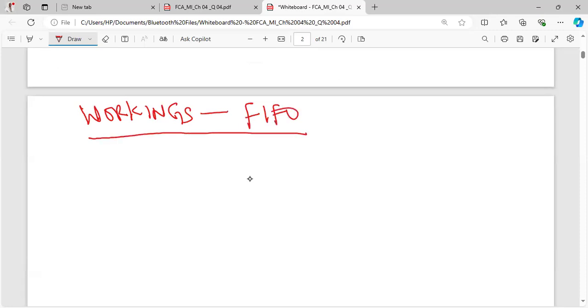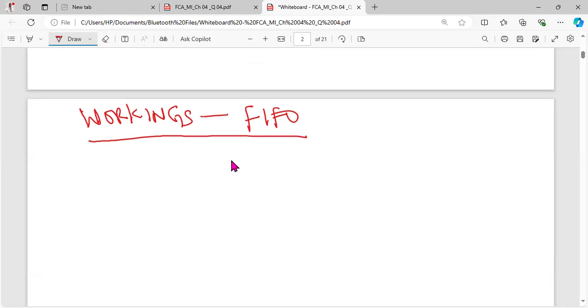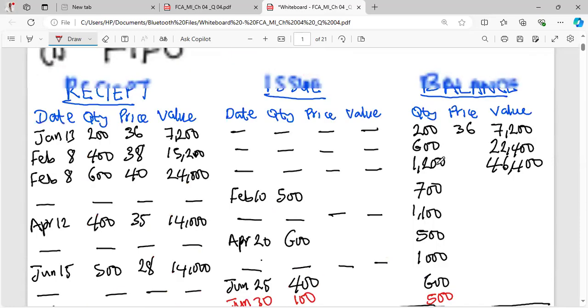All right. So the first one we are doing is to look for the price for this 500. This 500 will take 200 at 36 and 300 at 38.